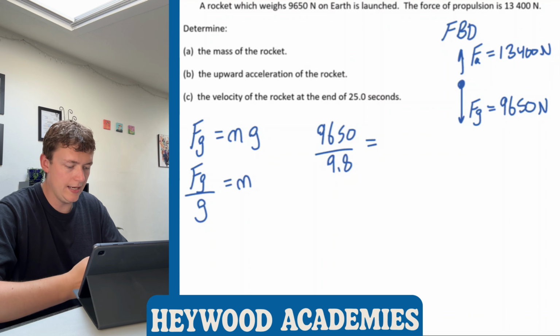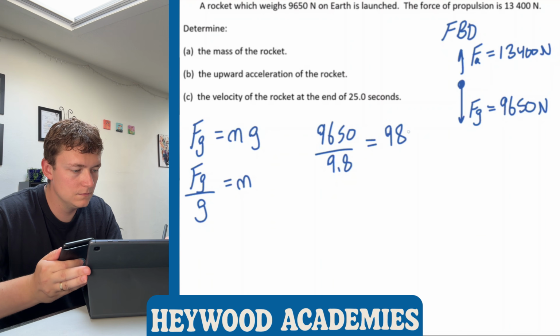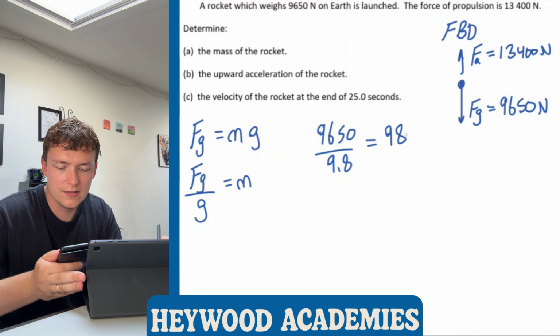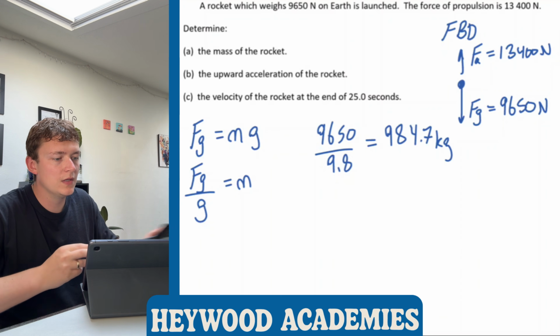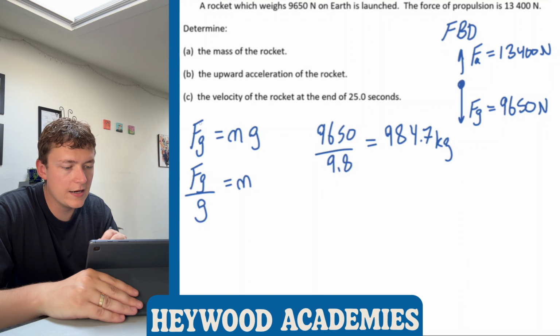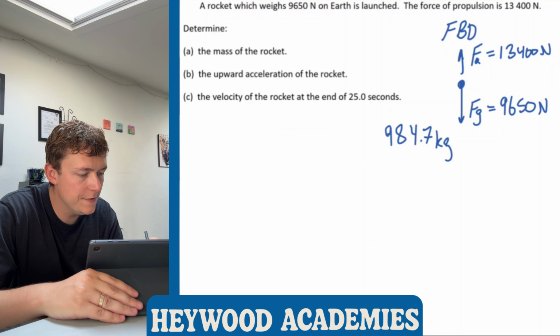And we'll plug that in. So that's 984.7, let's say, kilograms. Okay, so that's the mass of our rocket. That's our answer for part A. I'm going to leave that one behind and move on to the next part.